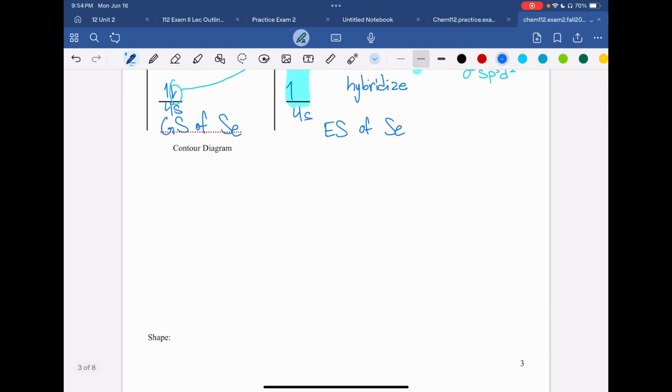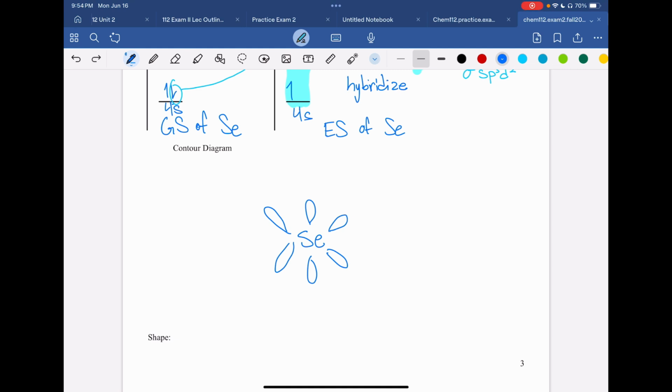So selenium, and draw its balloons, okay? Not an artist, please don't judge, okay?